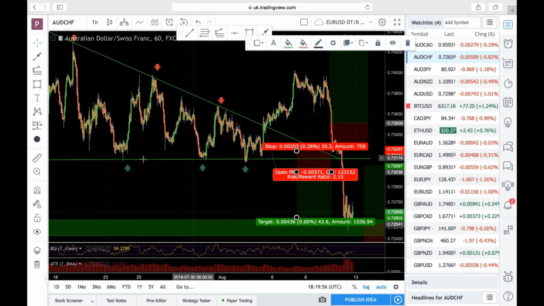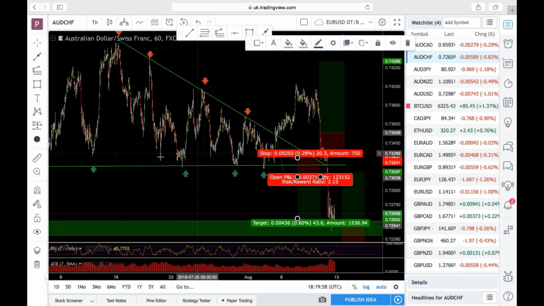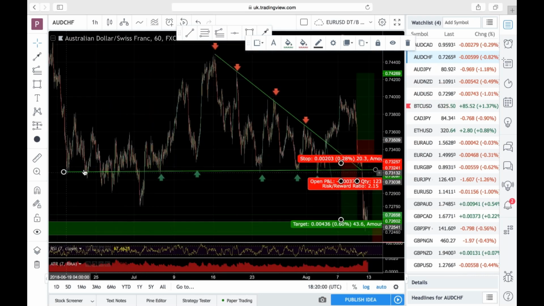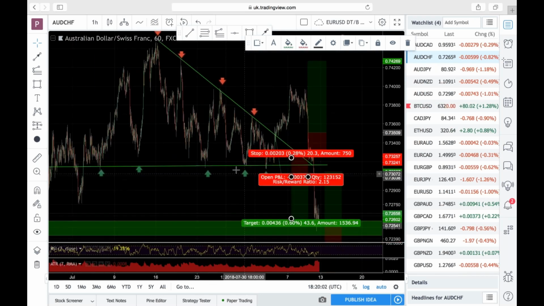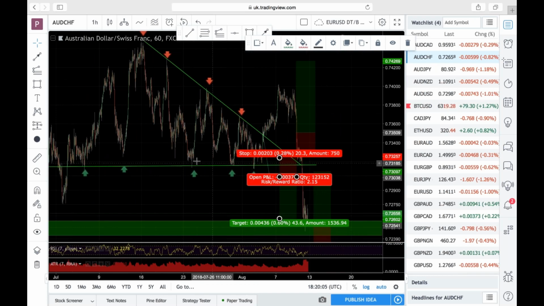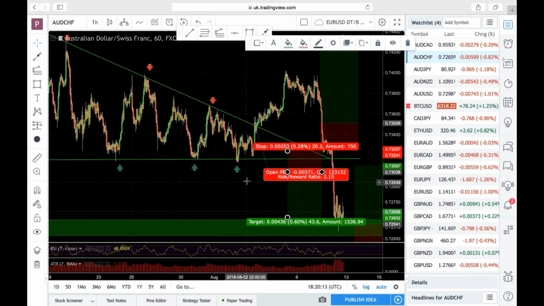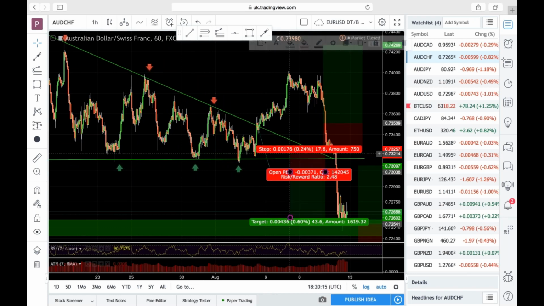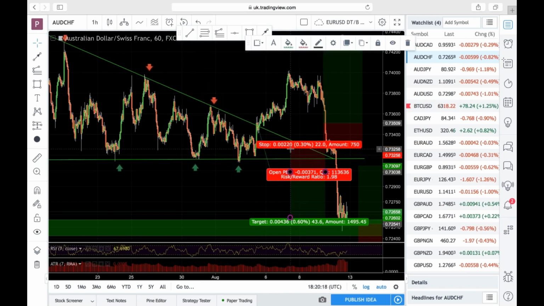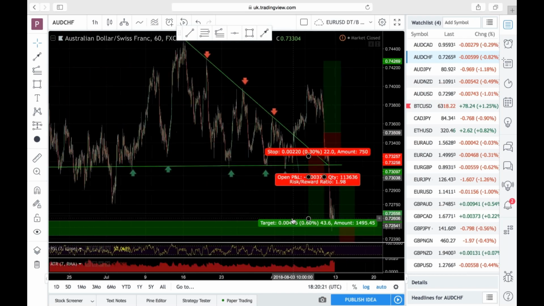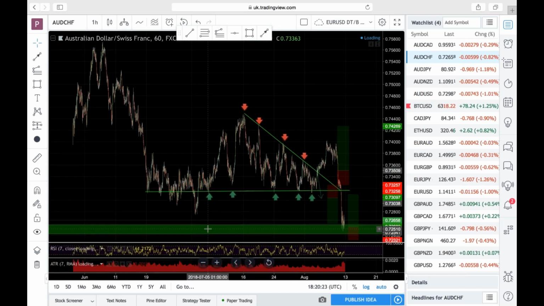So a little structure shelf here. This is your structure level. If you see the way the market is reacting to this level, like the previous example, this is clearly a psychological level in the market. This is clearly a support now turned resistance now turned support level. So we put our stops just right there, and then we put our targets down here at a major structure.